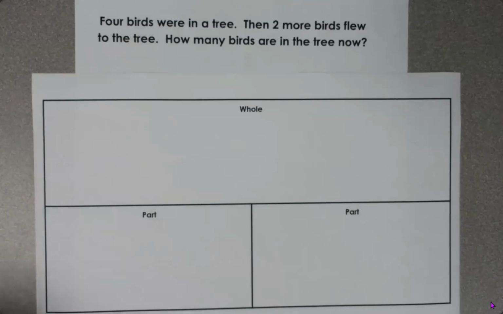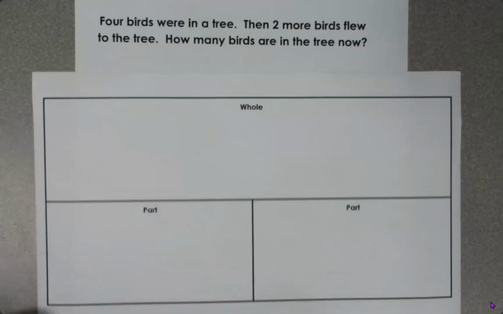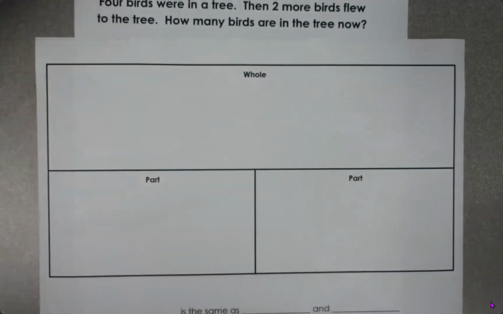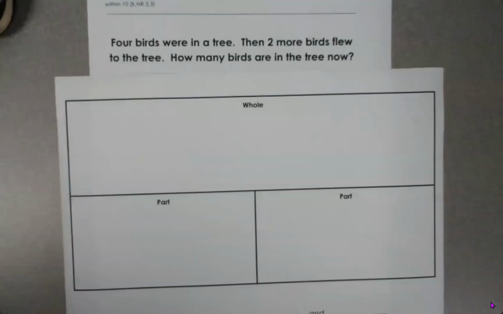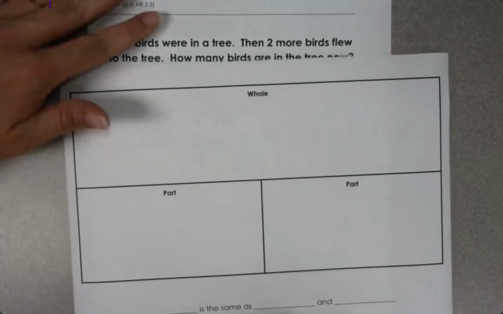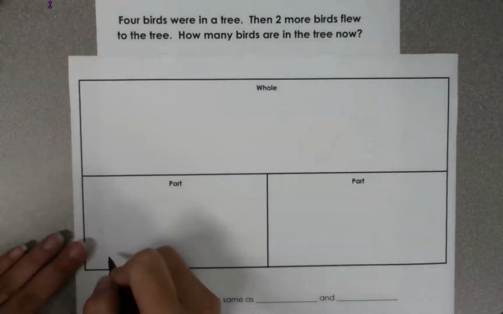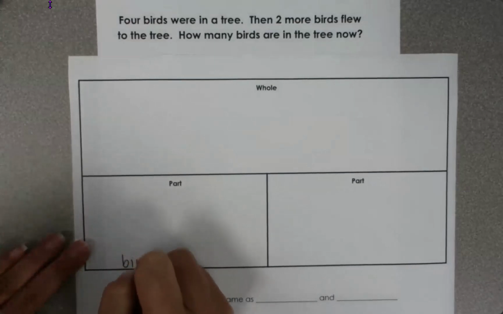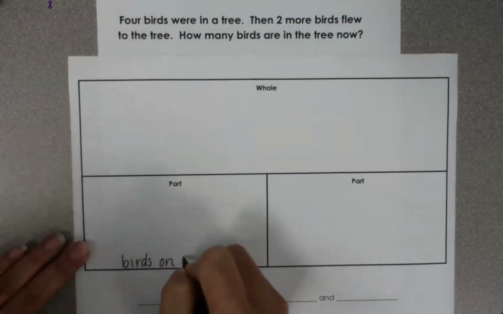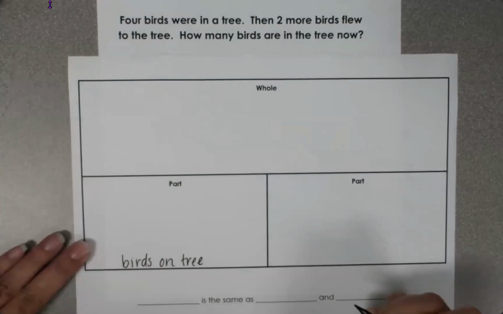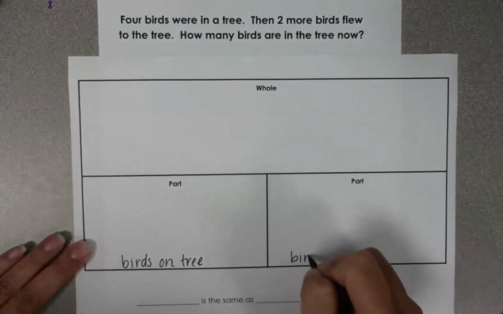And what I'm trying to find out is how many there are all in the tree, how many birds all together. So I know that one of my parts is the birds that were already in the tree. So I'm going to label this part birds on tree. And then I know that my other part are the birds that fly to the tree.